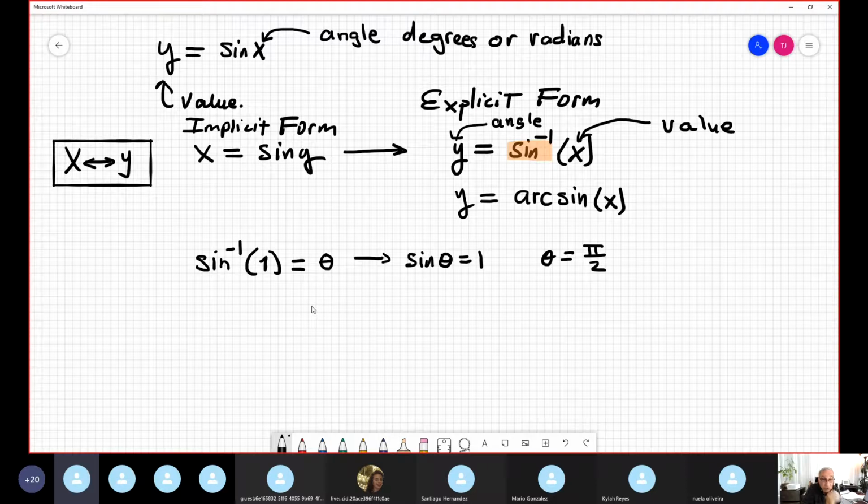When you isolate y, you introduce a new symbolic way to represent this new function, which is sine inverse. Correct? Okay, it's a similar idea to when you studied in college algebra the exponential function and the logarithmic function. They are inverses of each other, no? But you introduce new notation such as log, which is logarithmic. In this case, it's the same, right? Right, I got it. Thank you.